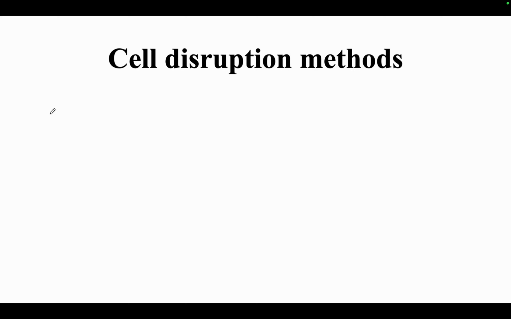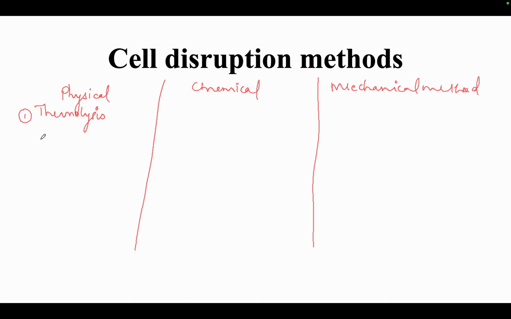But one drawback of this method is that the enzyme which you are interested in should be a thermostable enzyme. If it denatures or becomes non-functional, then you cannot use this method.